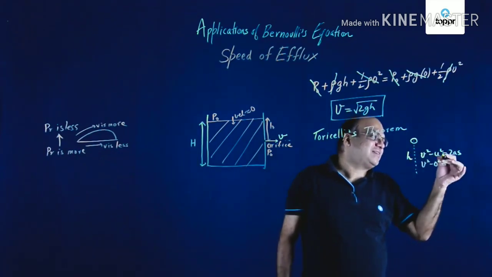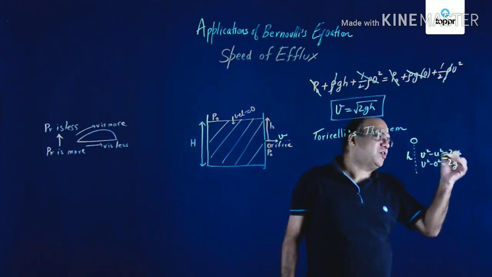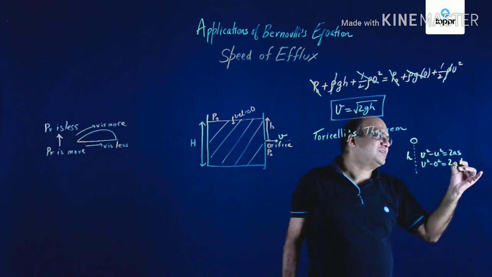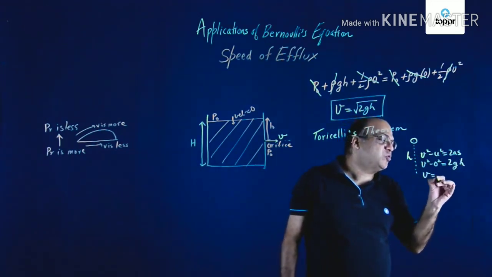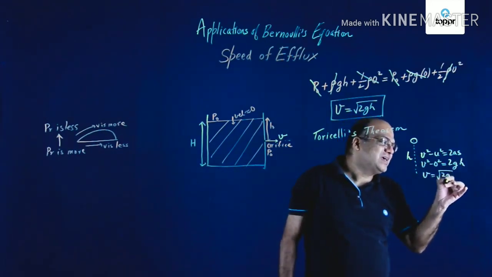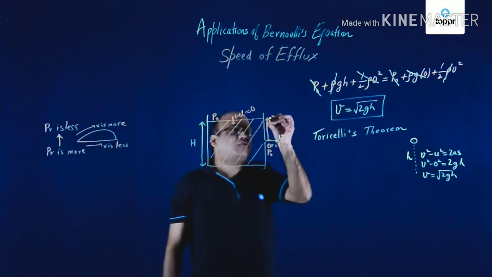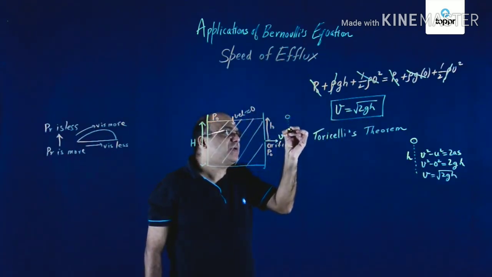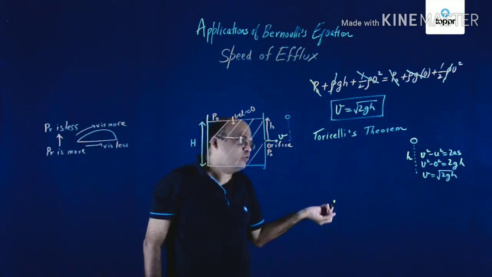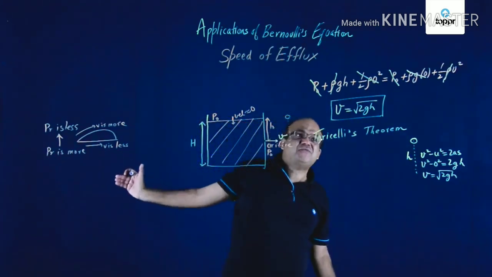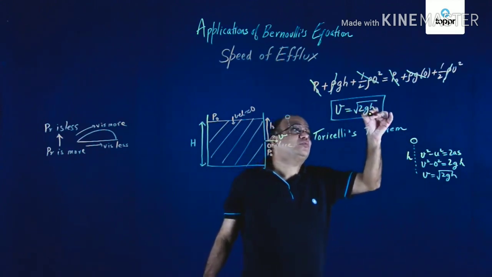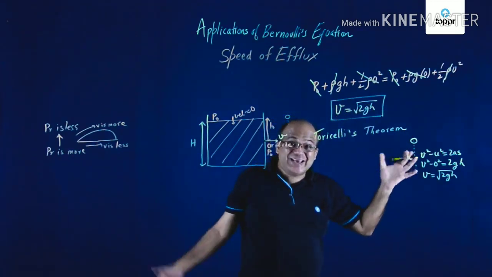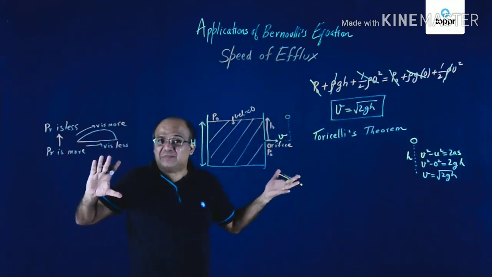Acceleration is g, downward taken as plus, and the distance is h, so v becomes root 2gh. So if this liquid is allowed to fall freely from this same height, it would have picked up a speed equal to root 2gh. The speed of efflux also comes out to be root 2gh. So that is Torricelli's theorem.